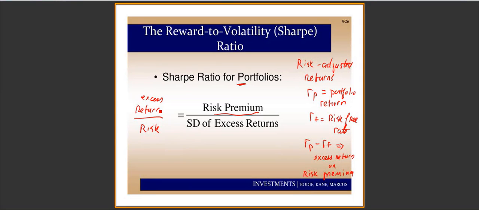Since this is a measure of portfolio performance, we want this number to be higher. There's two things that would make this ratio higher. Either the numerator is higher, which is good because we earned a higher excess return, and or the denominator is lower, meaning that we did it and we really didn't have as much risk. There was not very much volatility.